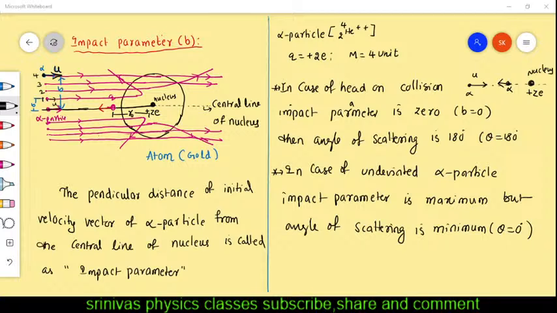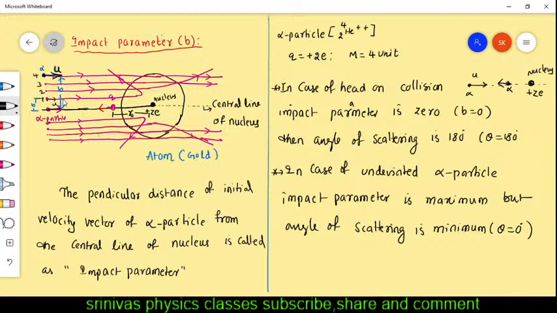Distance from the central line. Which distance? The distance from the central line. That is the distance of the initial velocity of the alpha particle. The alpha particle is traveling in some direction, like this, right? This is the initial velocity of the alpha particle. The fourth alpha particle's distance from the central line is called the impact parameter.